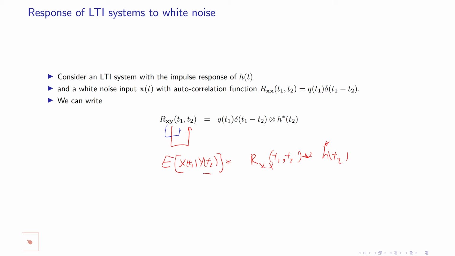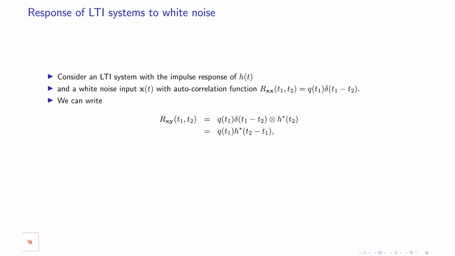Now if you convolve a delta function with this, obviously the delta is substituted by that, so this will become equal to h of t1 minus t2 times that.